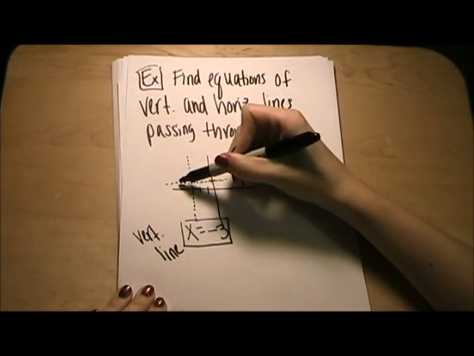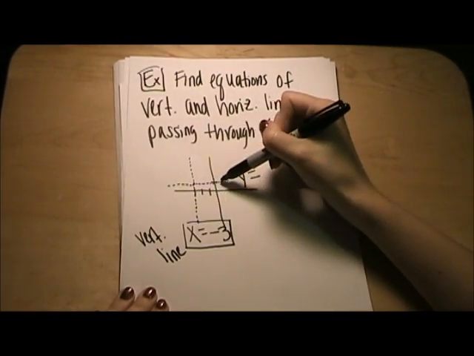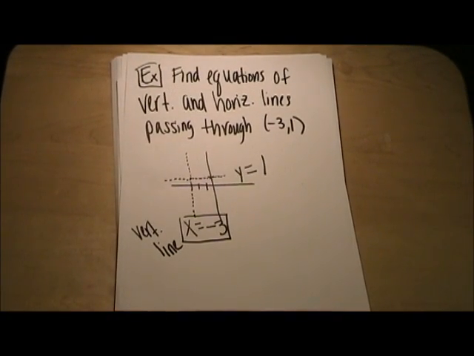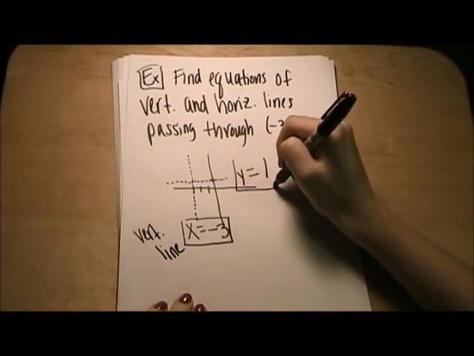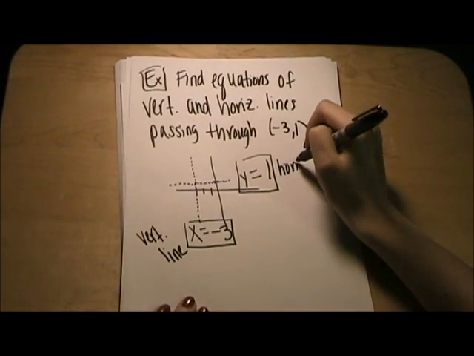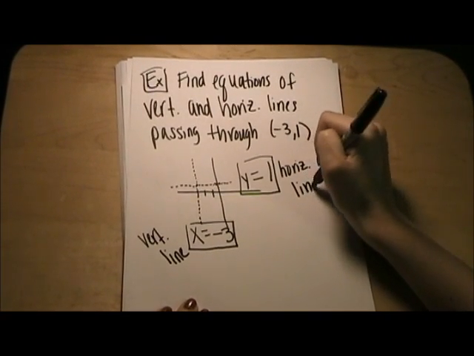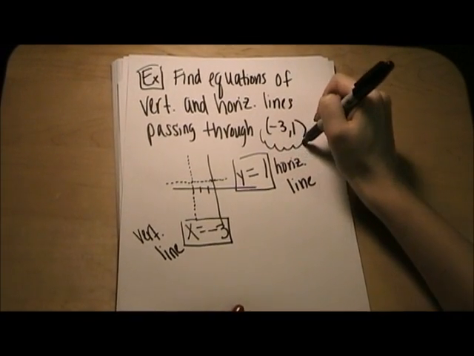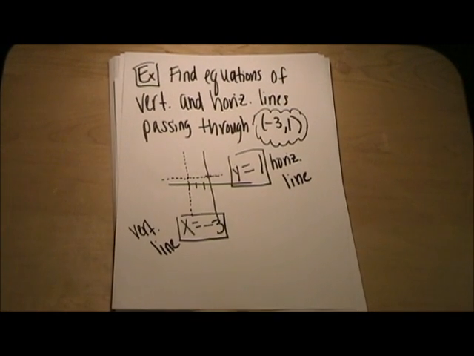So if we were to draw a horizontal line through -3, 1, it would pass 1 on the y-axis. So that would be the horizontal line. Those are the only two choices for the vertical and horizontal line that goes through this point, -3, 1. Horizontal, vertical lines.